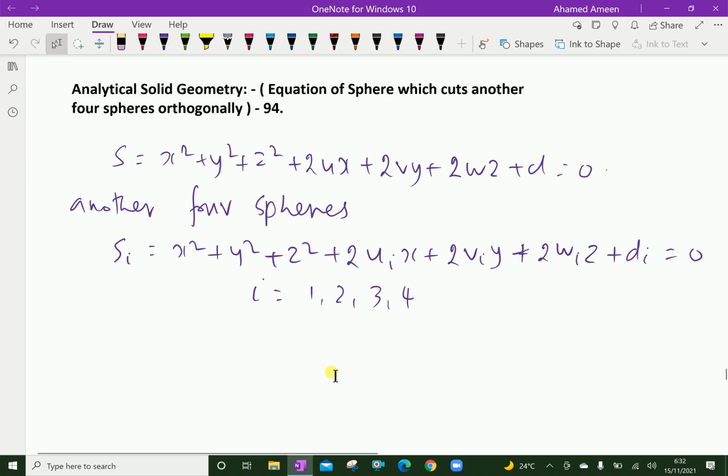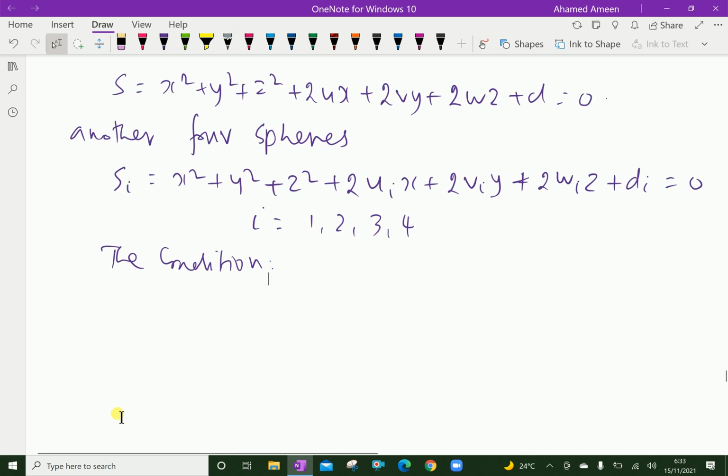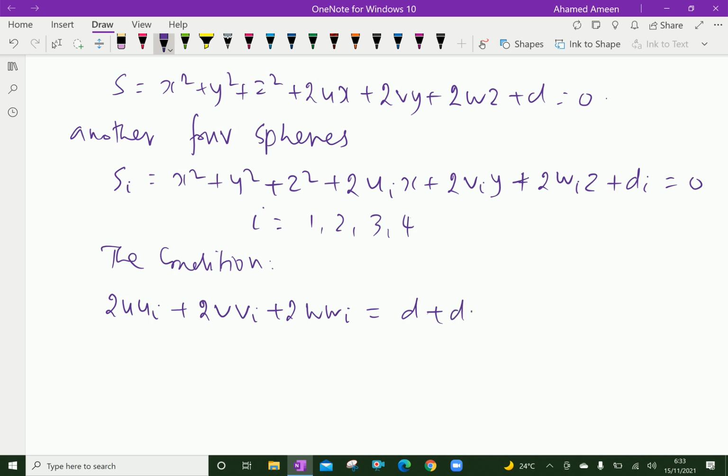The condition that two spheres cut orthogonally, here we are having four spheres, so we can say the condition is 2ui plus 2vi plus 2wi equal to d plus di, where i equals 1, 2, 3, 4, which means each sphere cuts orthogonally with the original sphere.